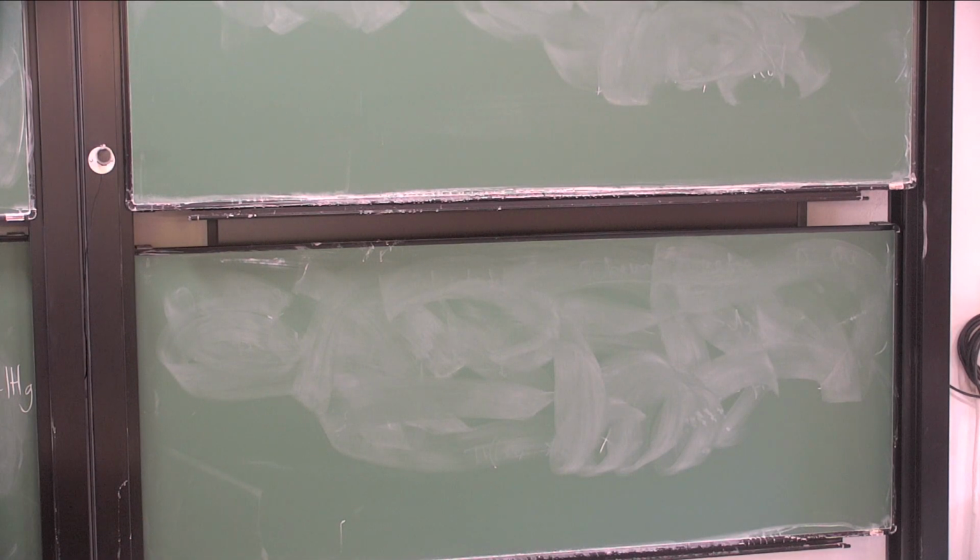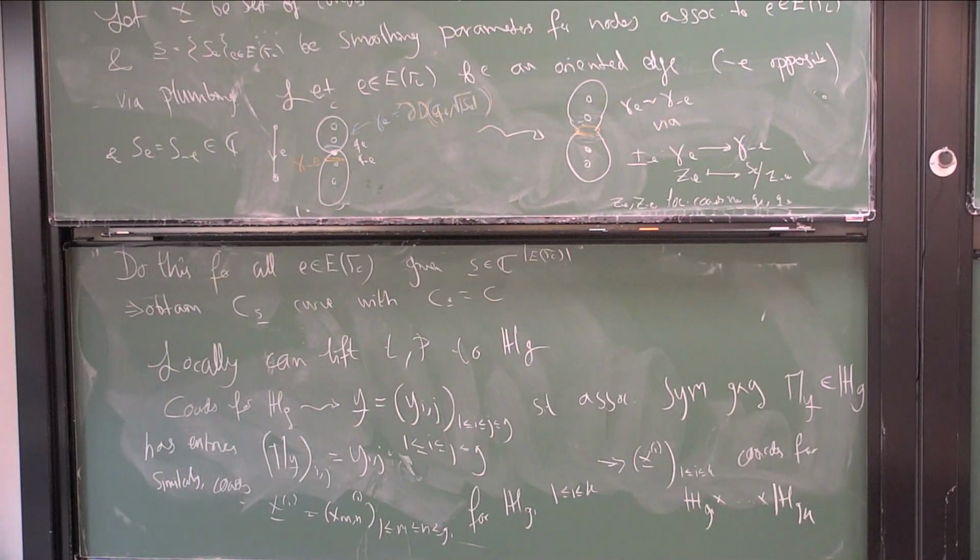So now that we have these coordinates, we can start by describing the product map in these local coordinates.